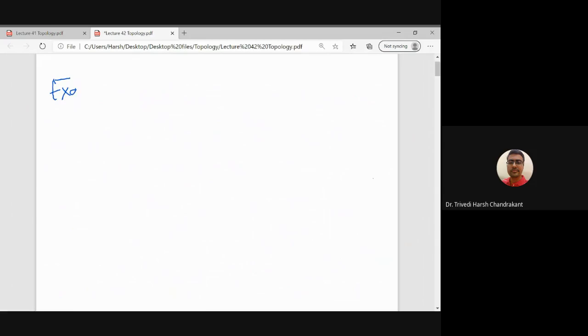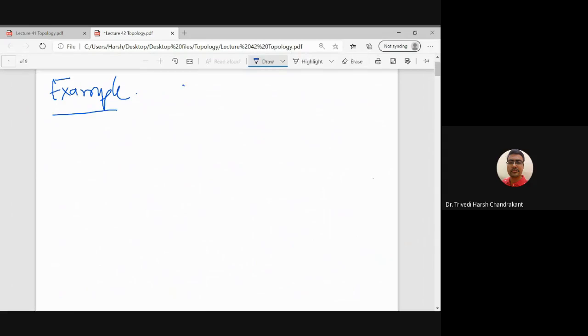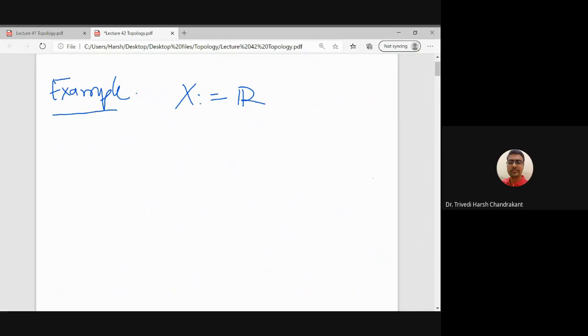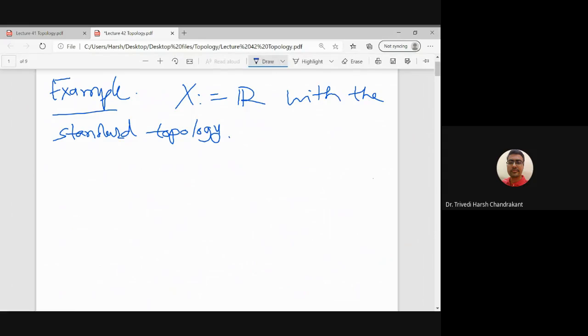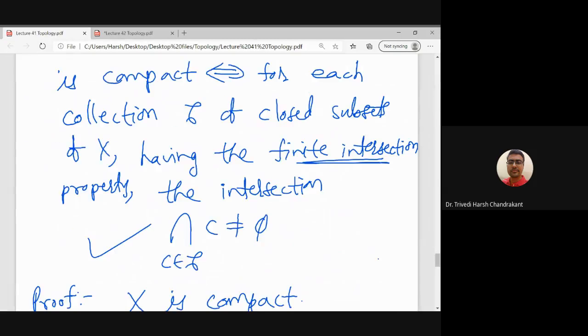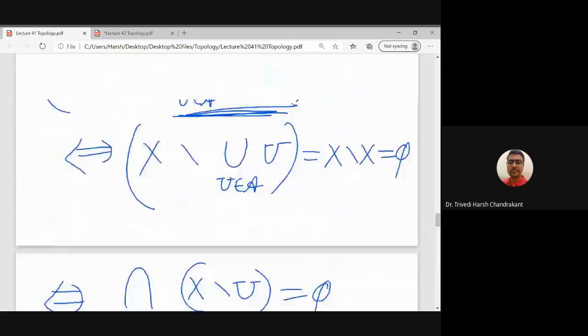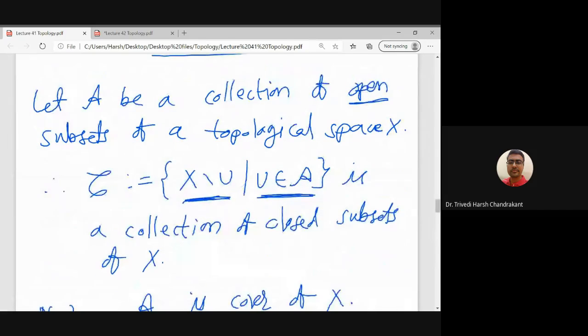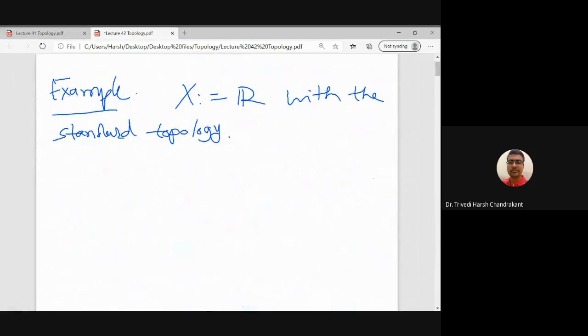So if we take X to be R, so R with the standard topology, and then we consider this particular collection A of open subsets of X, right? I am not taking all open subsets.